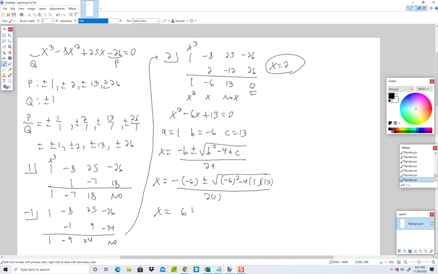Negative negative gives us positive, so we got 6 plus or minus the square root. Negative 6 squared is 36, minus 4 times 1 times 13, that's 52? Yeah. Minus 52, over 2 times 1, which is 2.